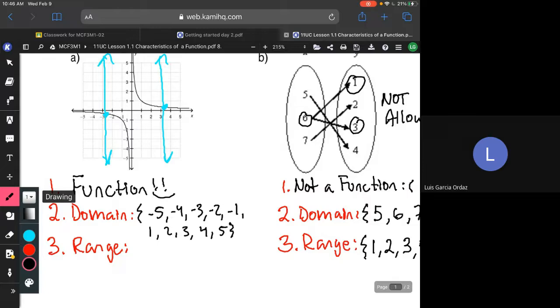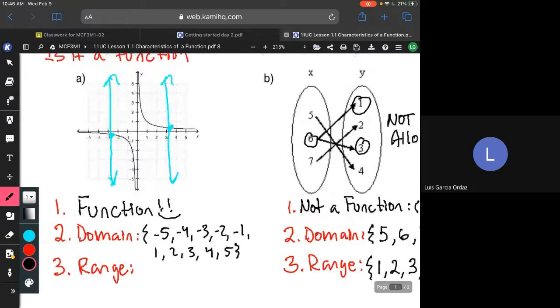Okay, can anyone explain to me why 0 is not one of them? Paulina? Yep. Does my graph ever cross the y-axis in this one? No. Okay. Does it ever cross the x-axis? No. Okay, which is why 0 is not included.